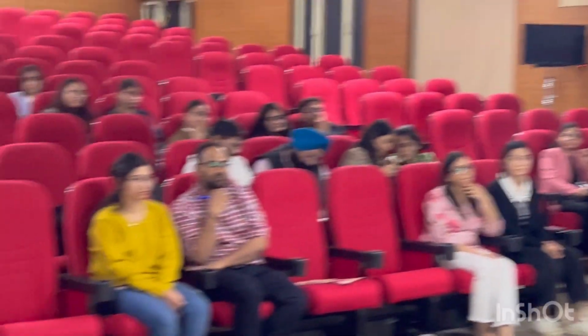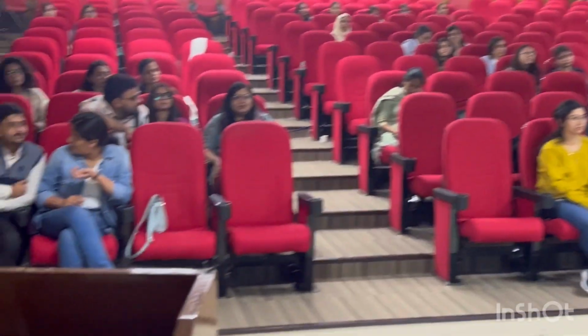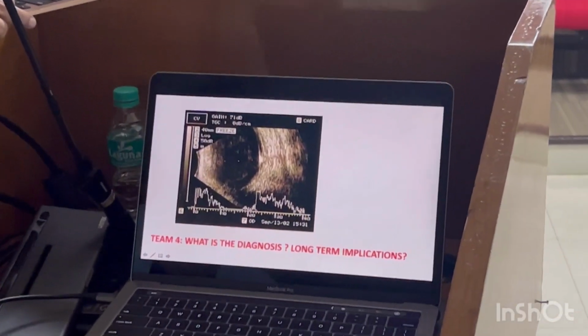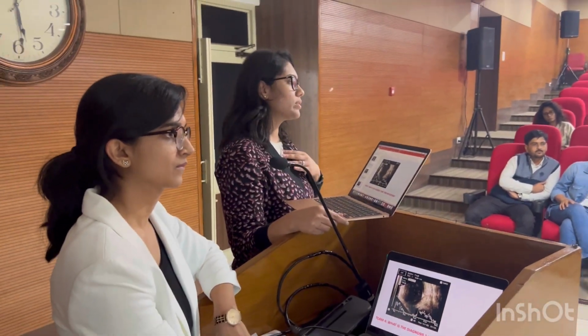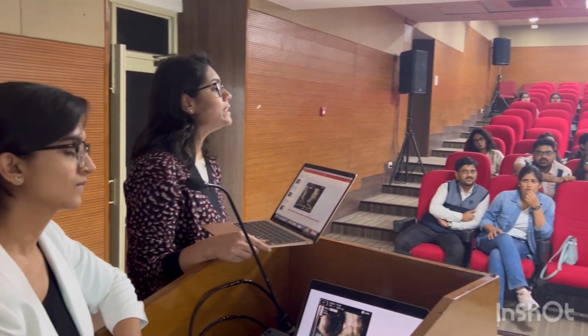An intraocular foreign body will lead to a hyperechoic spike. Can you see the spike? Corresponding A scan spike, right? It's a full 100% spike. So if I say that this foreign body is metallic in nature, what could be the long-term implications of it? Siderosis. So what will siderosis lead to?